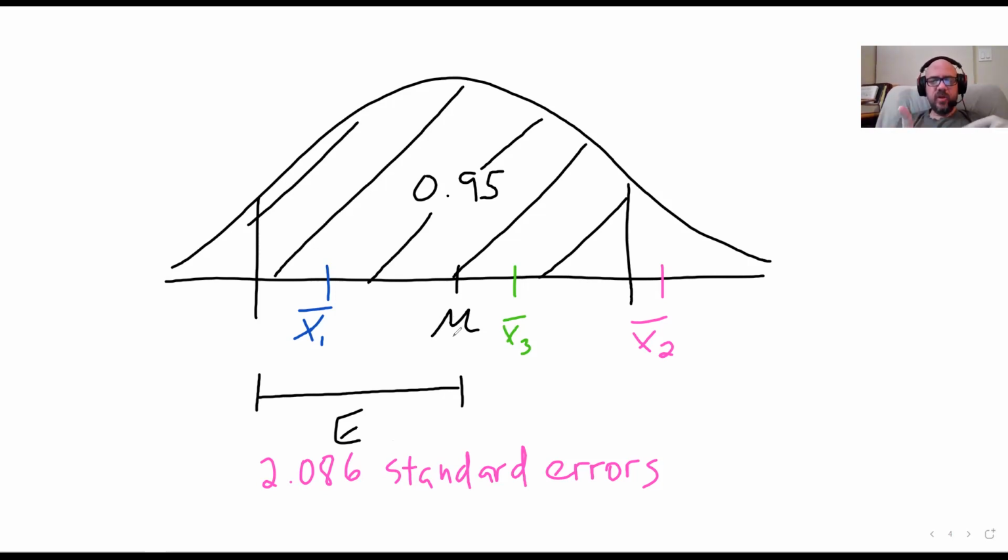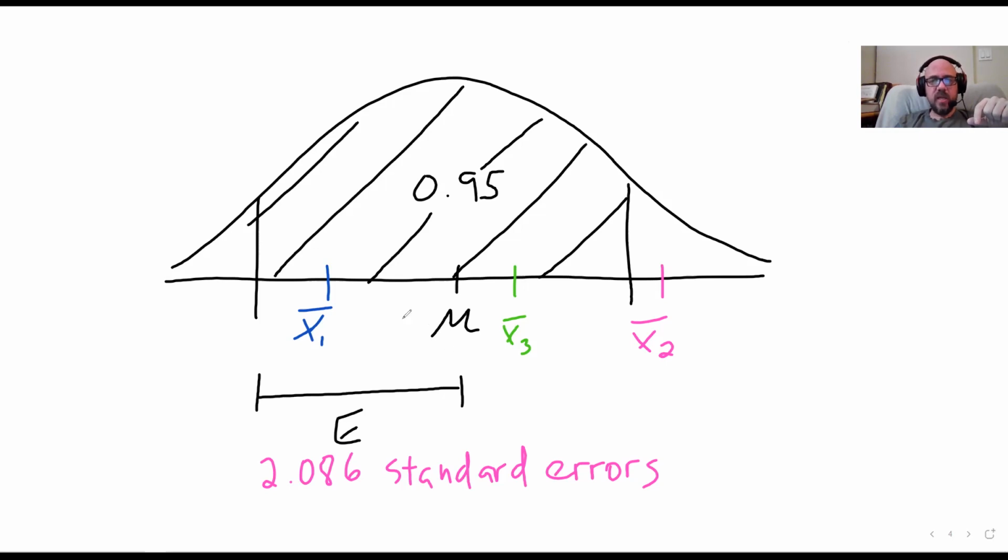And here's what we're going to do. The idea is, if x1 bar is within 2.086 standard errors of mu, then mu is also within 2.086 standard errors of x1 bar. So we don't try to go 2.086 standard errors from the population mean, because we don't know what that is.